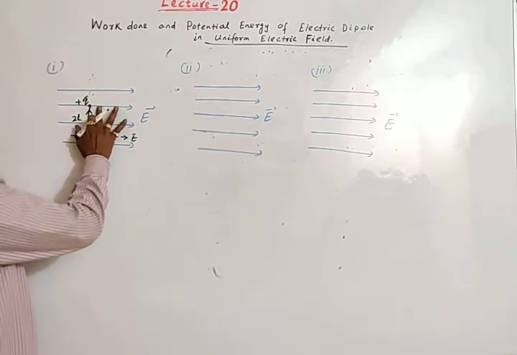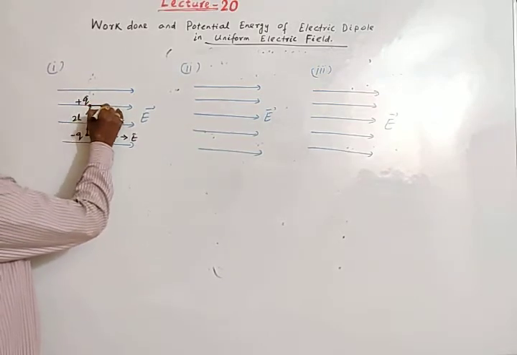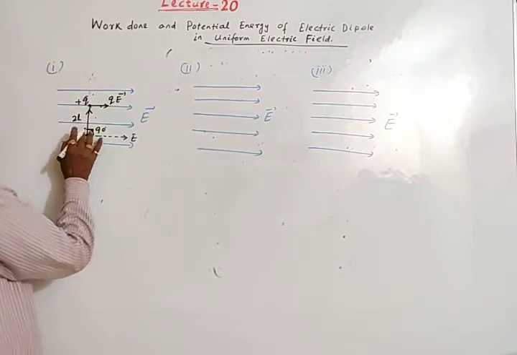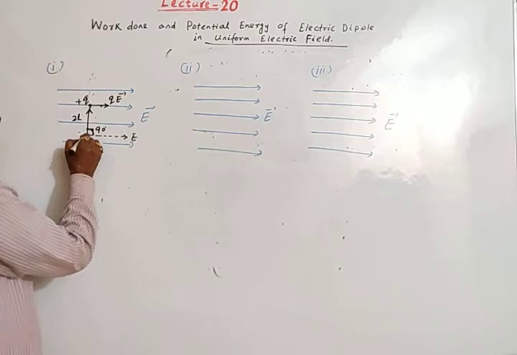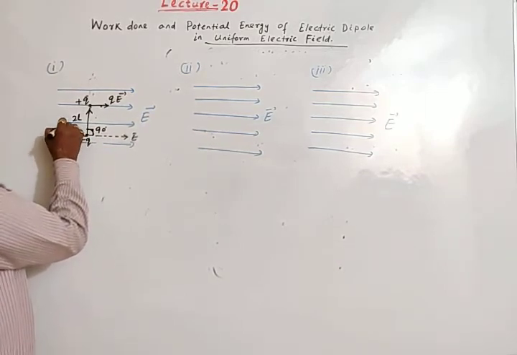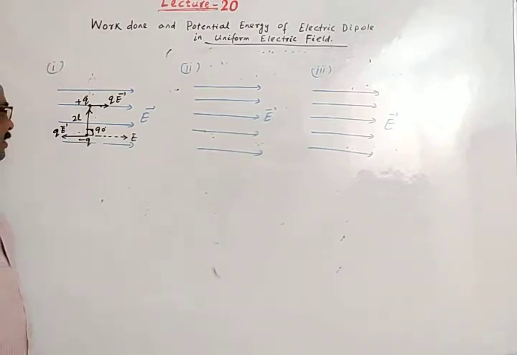If you place a dipole like this, plus q will experience a force qE along the direction of the electric field, and minus q will experience a force opposite to the direction of the electric field, this is qE.